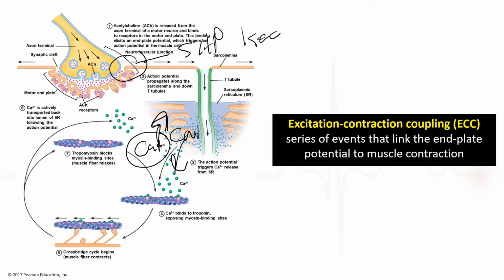It'll generate more force than if it were to only receive 1 action potential, but it's still not going to generate maximal force. Generating gradually more force due to a higher frequency of action potentials is something called summation. What we're going to see here is summation of force. The muscle fiber will begin to generate more force, but it still won't generate maximal force.